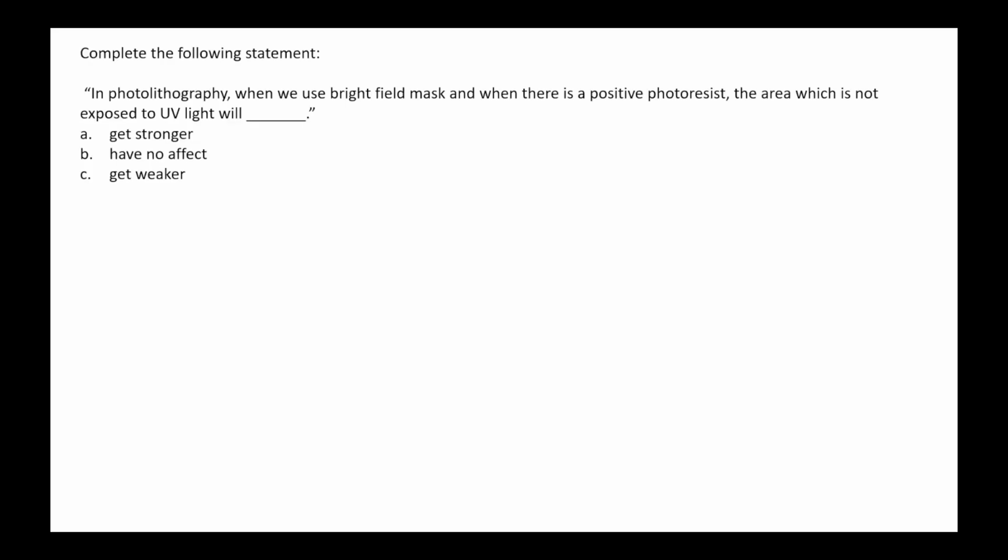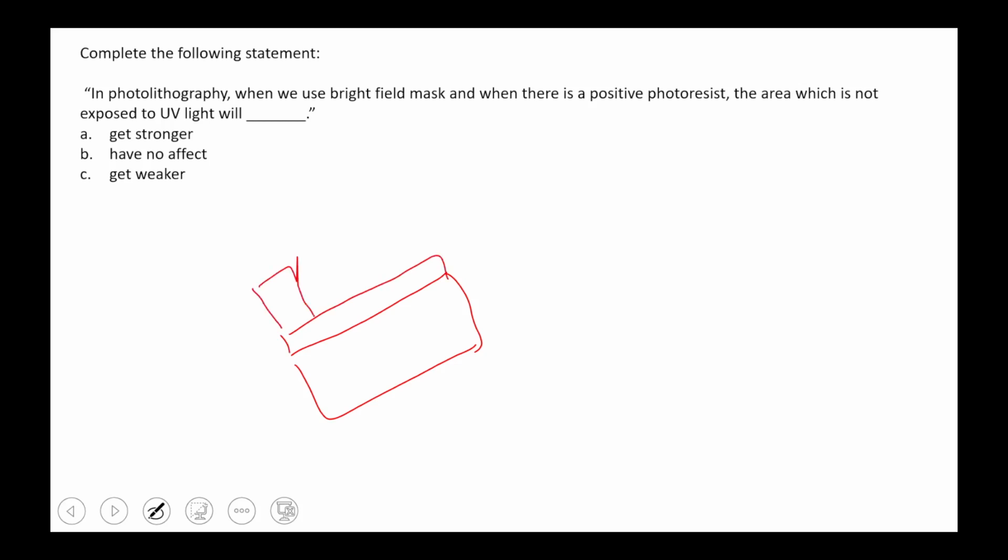Now complete the following statement. In photolithography, when we use a bright field mask and there is a positive photoresist, the area which is not exposed to UV light, I already explained in the last 3 to 4 classes what happens in the case of positive and negative photoresist. In the case of positive photoresist, these are the positive photoresist we have deposited, and above we have these devices.